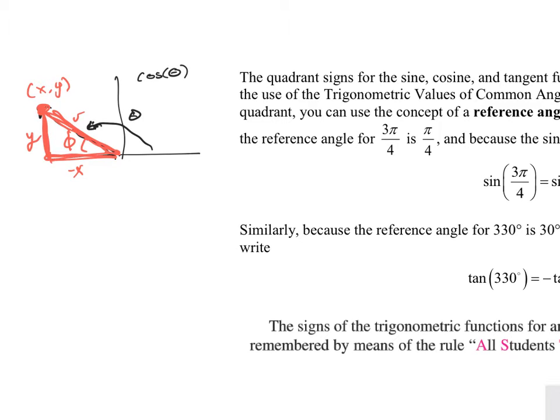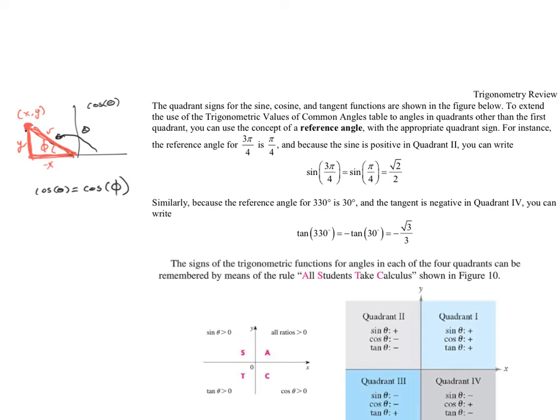And the beautiful thing here is that the cosine of theta is the exact same thing as the cosine of phi. In other words, all you have to do is draw that triangle and use that triangle instead, just noting that all of your x values are negative here. So that's what a reference angle is, and a reference triangle is saying, look, if you want to find the trig values of theta, just find the trig values of phi instead.